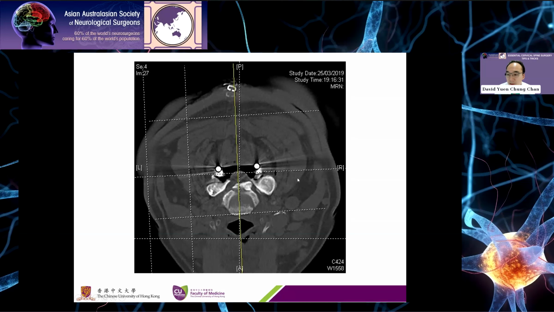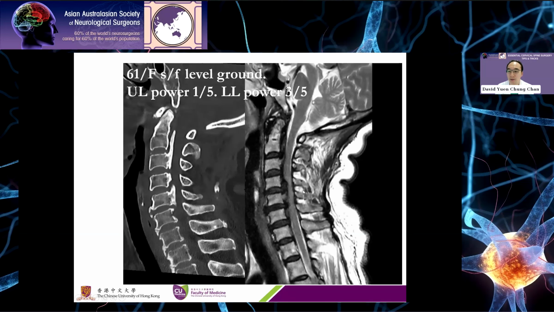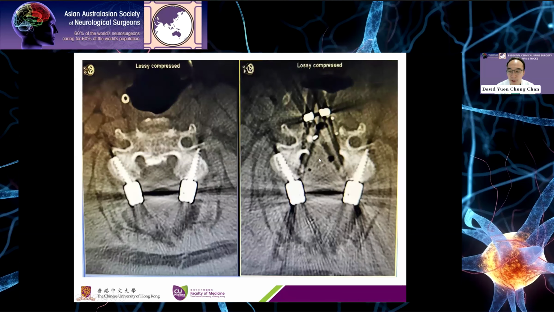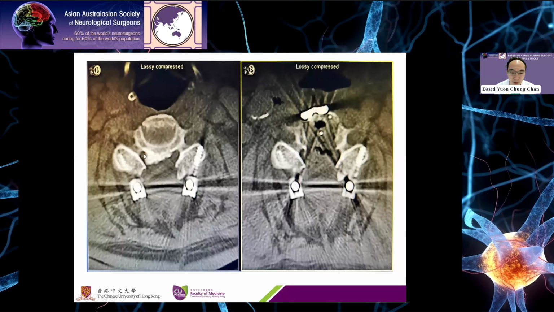So for this type of patient, in addition to laminectomy and fusion, we can achieve better decompression of the exiting nerve root by performing an anterior spinal operation, like in this case, corpectomy and anterior spinal fusion as well, and remove the OPLL. So we achieve decompression of both the spinal cord as well as the exiting nerve root.